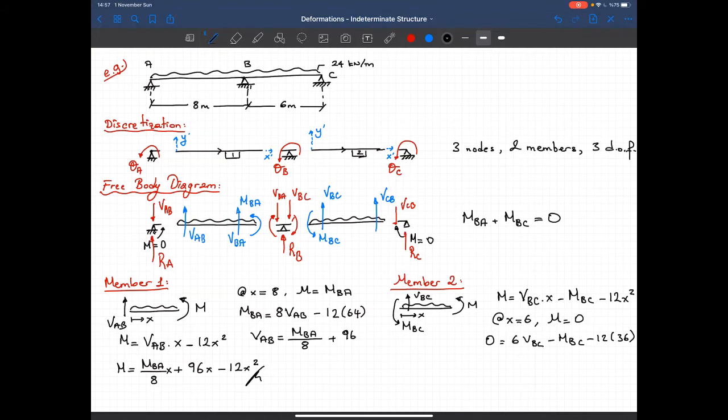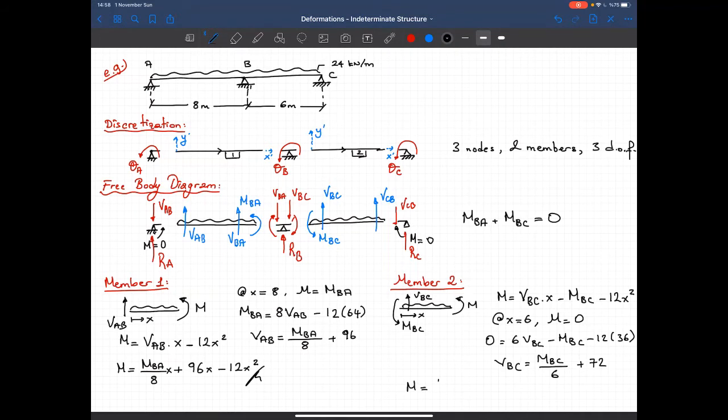And from that equation I obtain VBC as equal to MBC divided by 6 plus 72. Again, do the same thing. Put that shear expression into the moment equation, and as the final step, this is what we get.